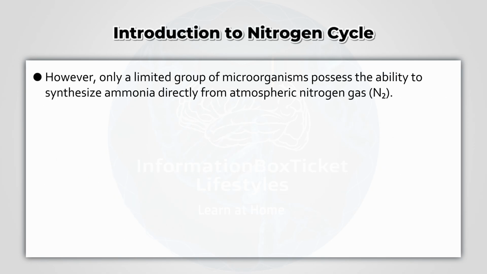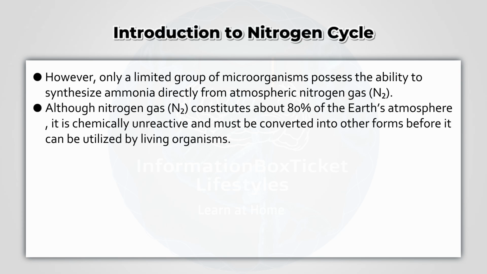However, only a limited group of microorganisms possess the ability to synthesize ammonia directly from atmospheric nitrogen gas, N2. Although nitrogen gas, N2, constitutes about 80% of the Earth's atmosphere, it is chemically unreactive and must be converted into other forms before it can be utilized by living organisms.